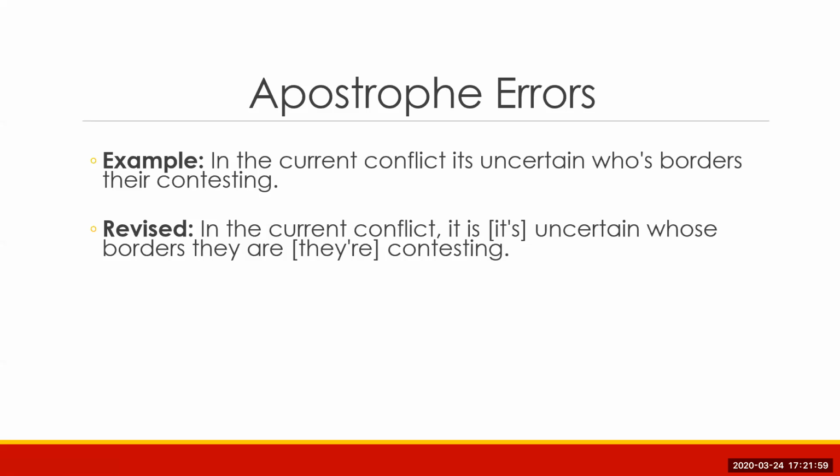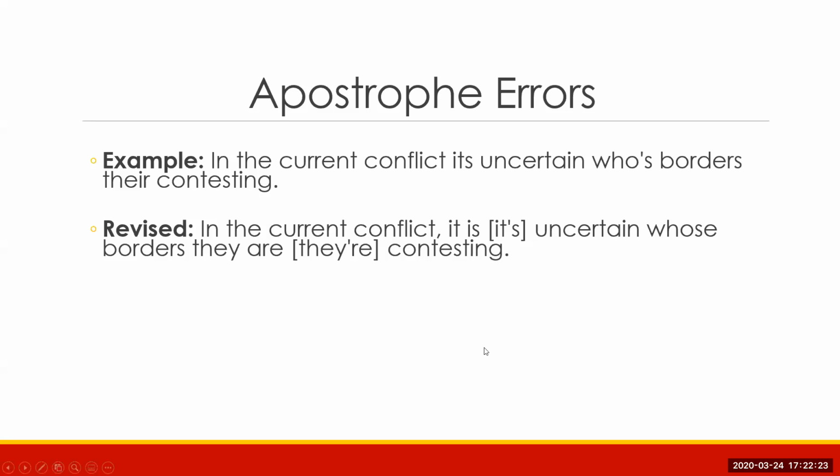Now we're going to move into the apostrophe usage. So if you look up here, they use its with no apostrophe. So in this example, it's incorrect because this is actually the possessive form of it. I know it's a little confusing because you use an apostrophe to show possession, but remember, an apostrophe is also used for contractions.